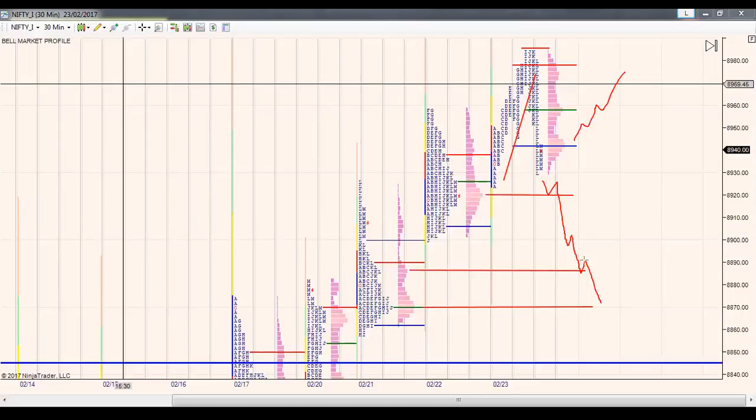If this is going to happen, then what is the requirement that needs to be fulfilled for this kind of move to happen? One is to trap one side of the market. That we have done today. We have trapped the buyers, but one more thing which was required was a nice excess at the top. Now we don't have that excess yet.